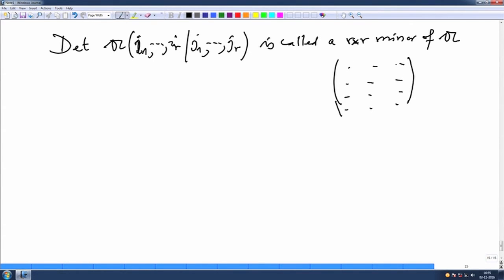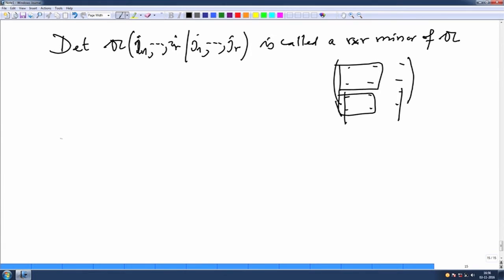If you want 2 by 2 minors, it can be this, or this, or this column with this column, and so on. There are so many possibilities. So, there are many r cross r minors of the matrix.